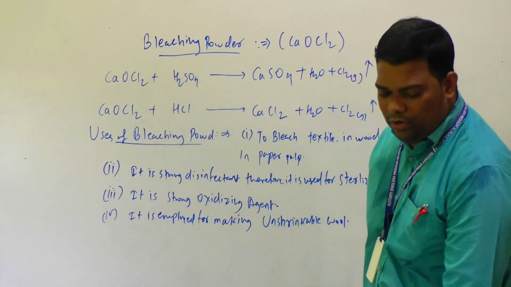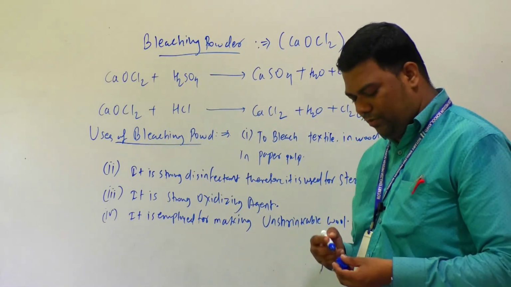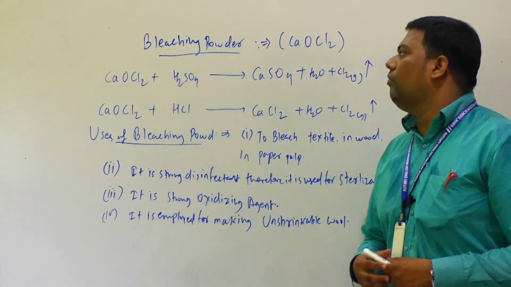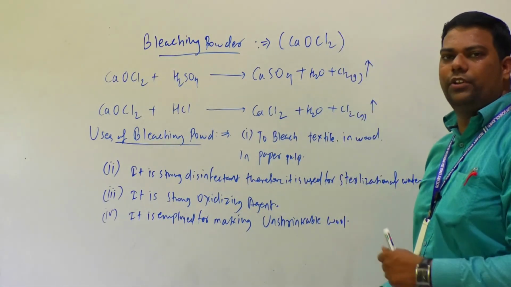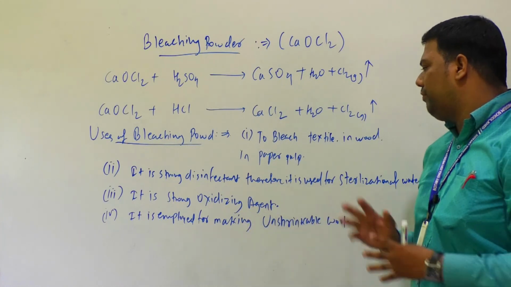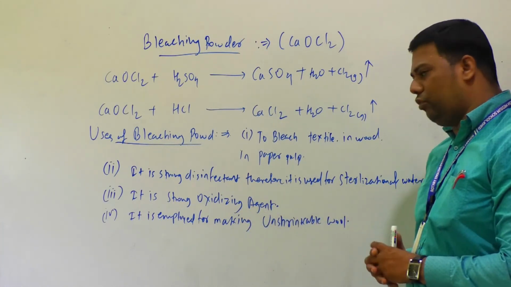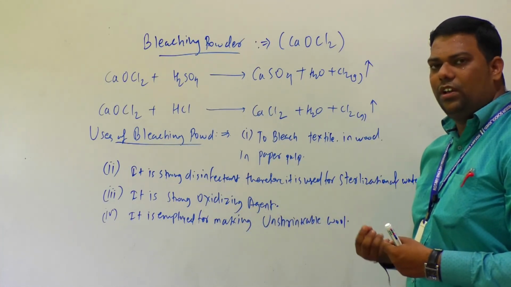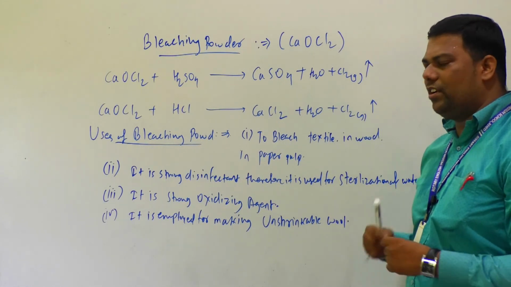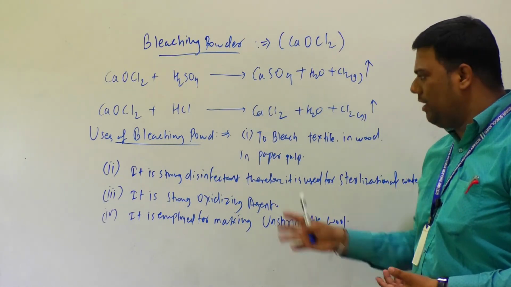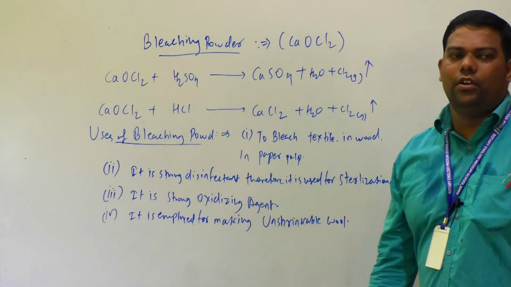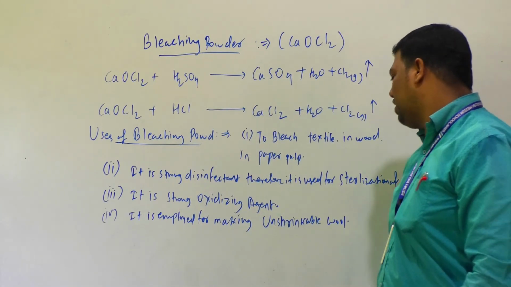Very important. Whatever our bleaching powder, we can use it to make unshrinkable wool. Unshrinkable means, as you know, wrinkles will not form. So by using this bleaching powder, we can make unshrinkable wool.